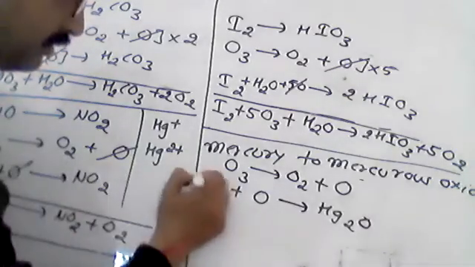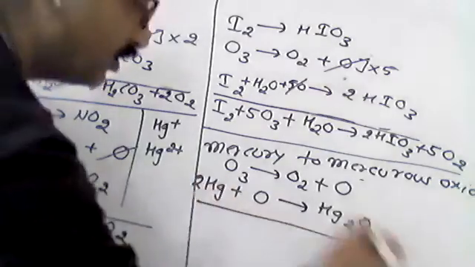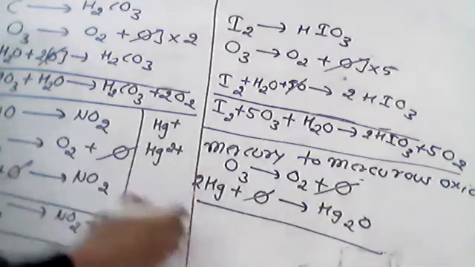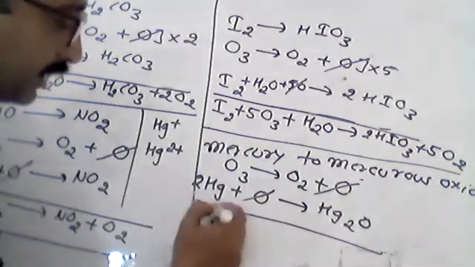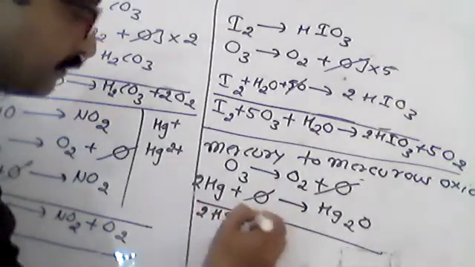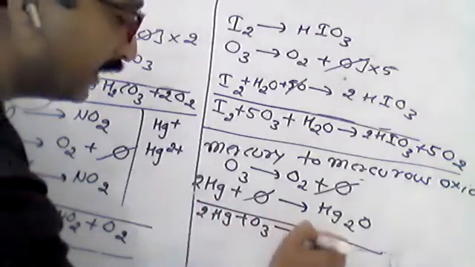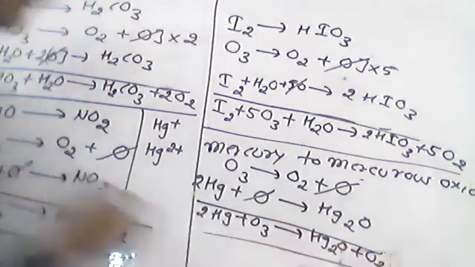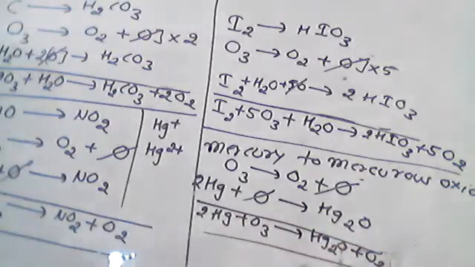Balancing: 2Hg here. Sorry, it's balanced now. Nascent oxygen will cancel out, so I will get the overall reaction. You can just write it down easily. It will be 2 mercury plus ozone gives Hg2O plus O2. It should be like this.